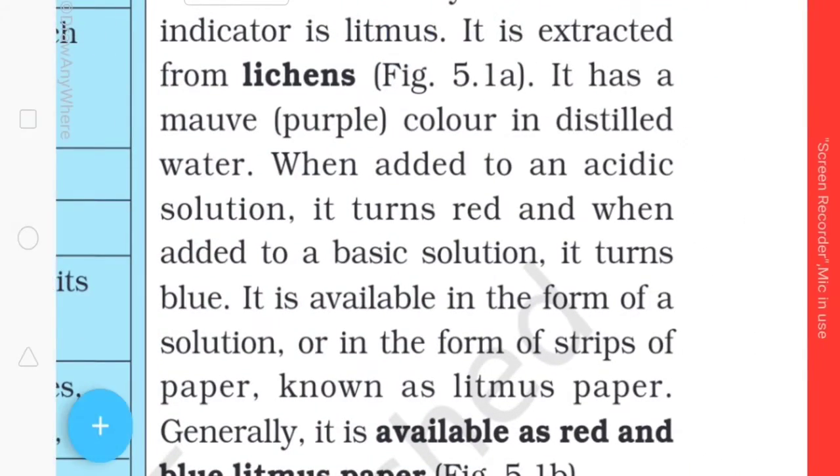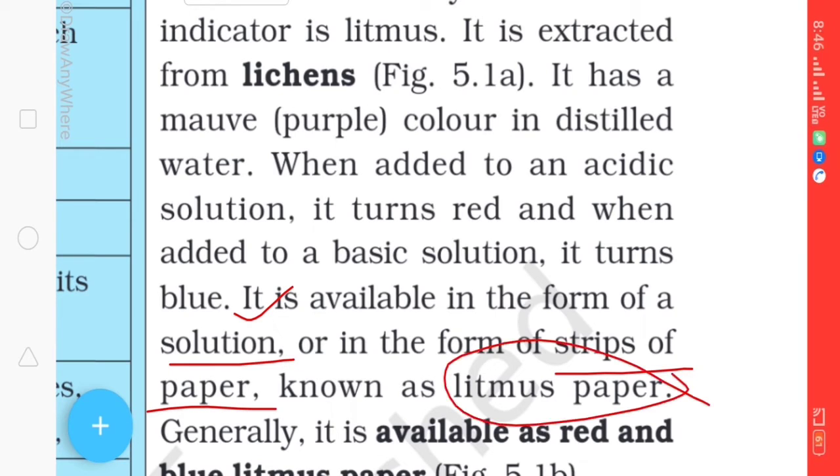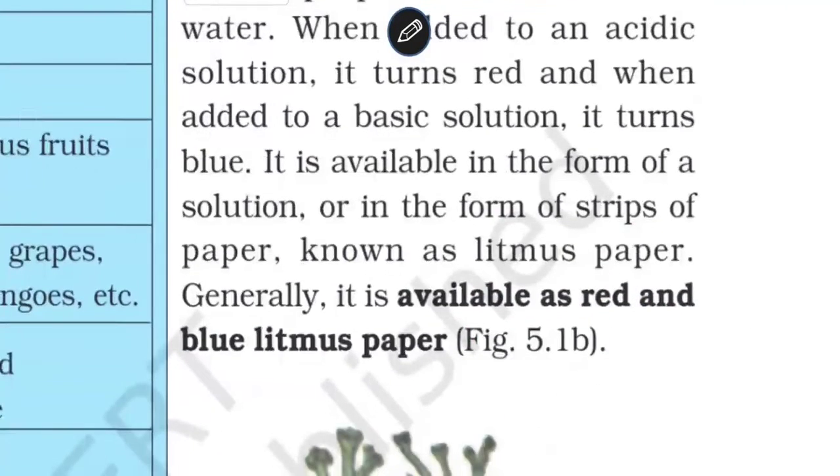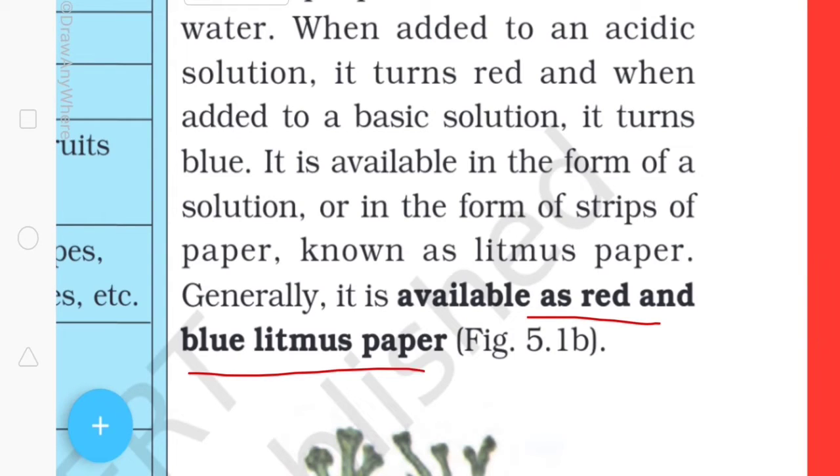It is available in the form of solution or in the form of strips of paper known as litmus paper. Generally it is available as red and blue litmus paper.